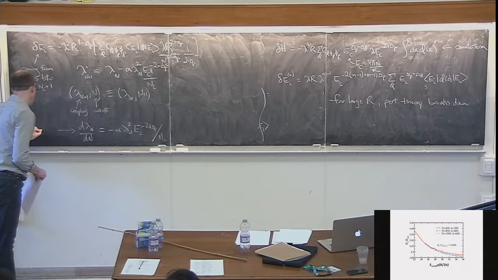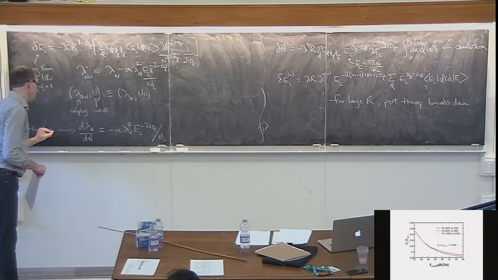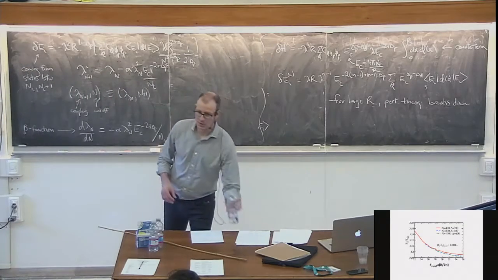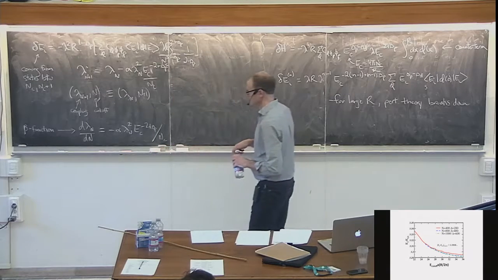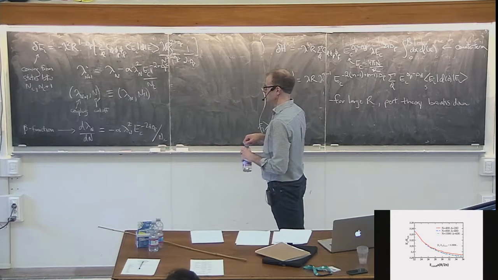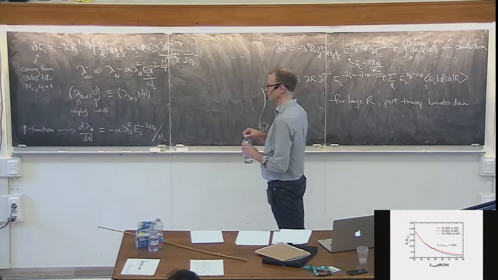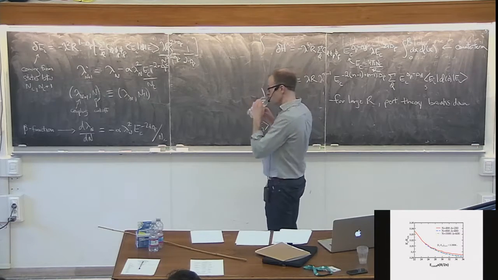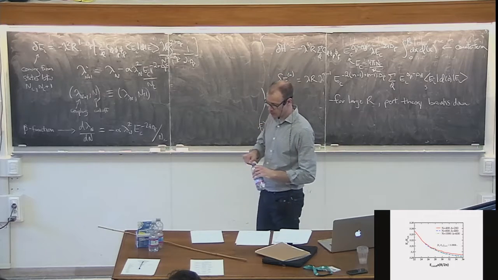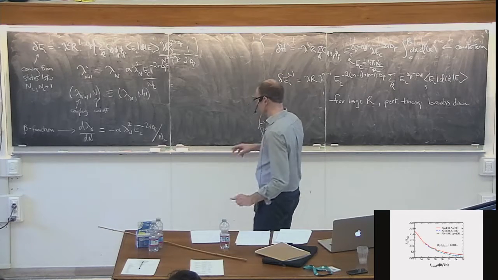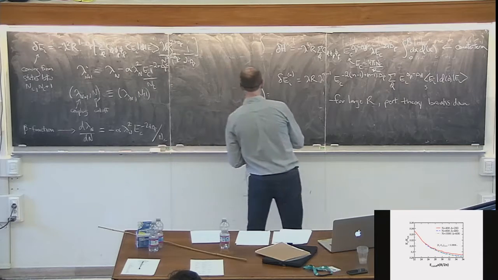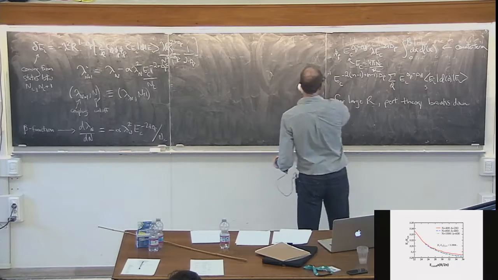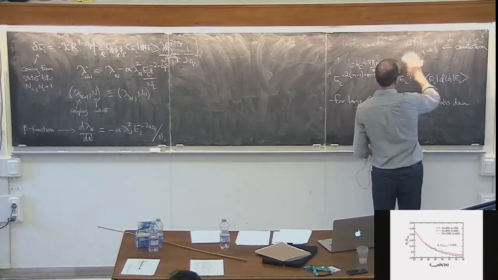And what this beta function tells you is how one has to shift the coupling constant to take into account the effects of including states beyond your original cutoff. And the nice thing about this beta function is that you can then integrate it.